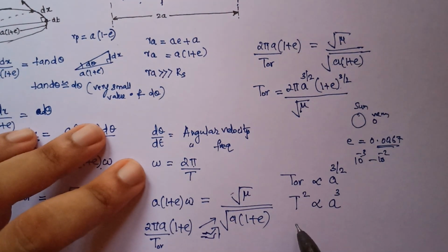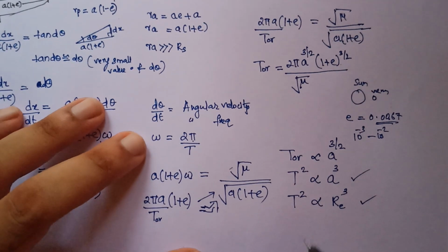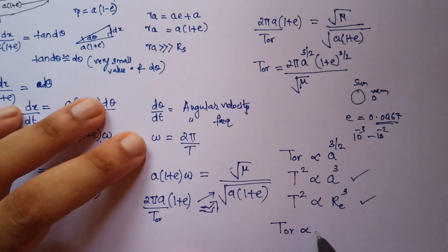And for a circular path, we have seen T square is proportional to r to the power of 3. I think these two equations are very important. So we have successfully completed the derivation for this equation, and T orbital we can write in a standard way, with 3 by 2.